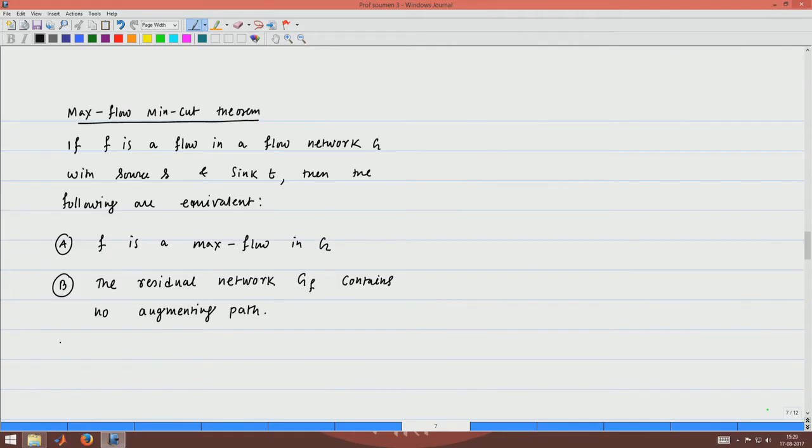And the condition C: the flow value is equal to the capacity of the cut (S, S complement) for some cut (S, S complement).